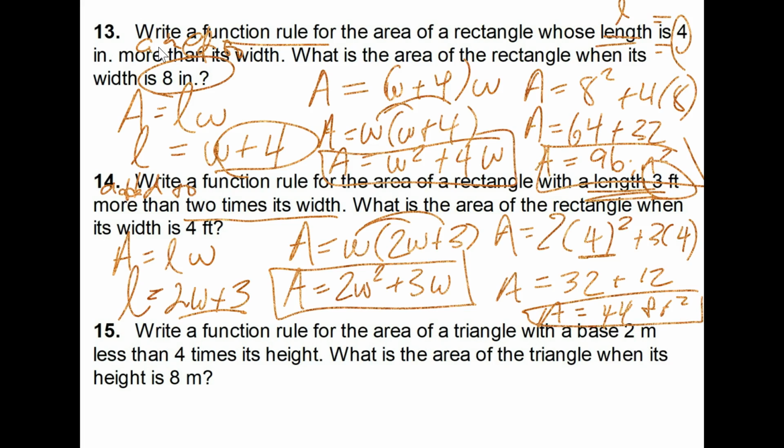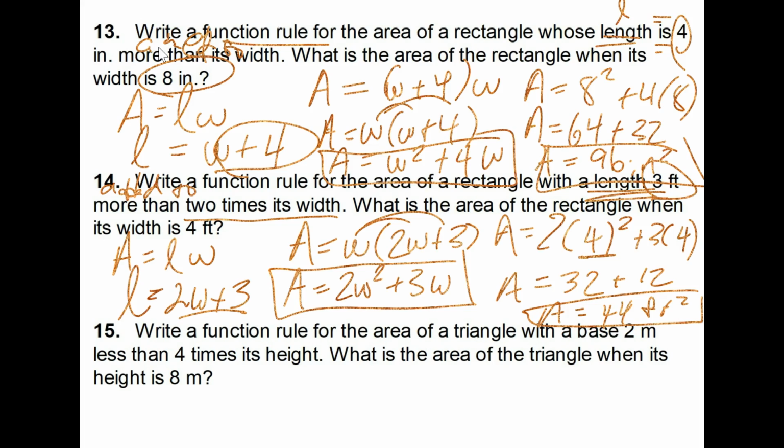All right, and the last one. Write a function rule for the area of a triangle with a base 2 meters less than 4 times its height. Ooh. What is the area of the triangle when its height is 8 meters?